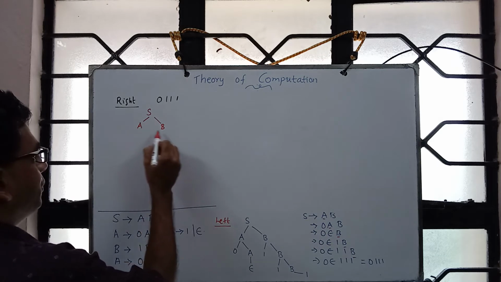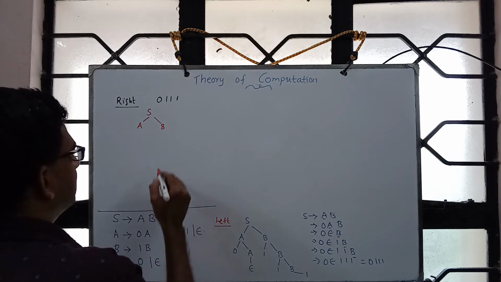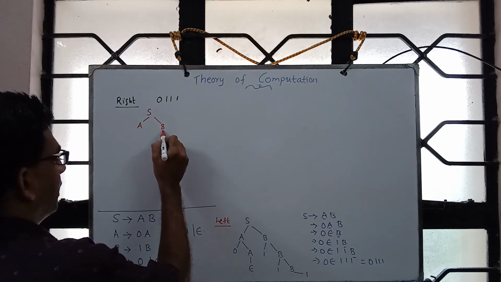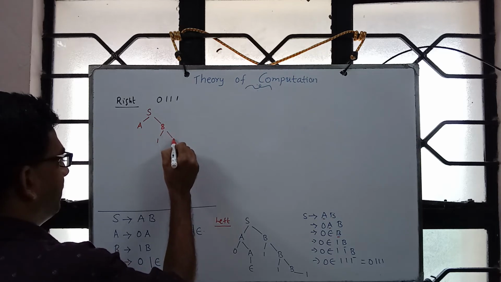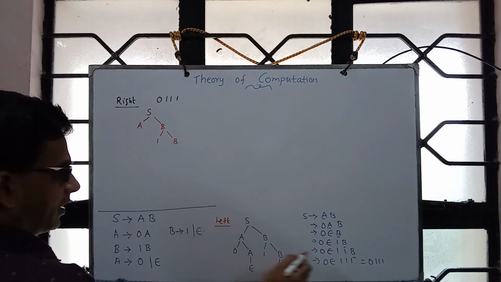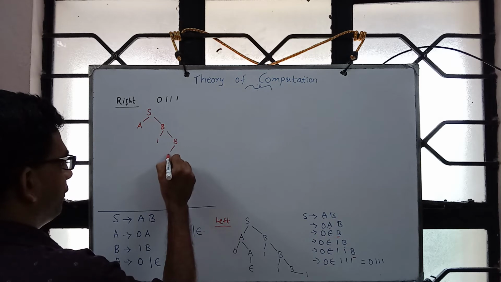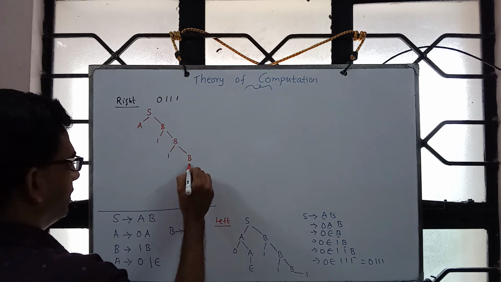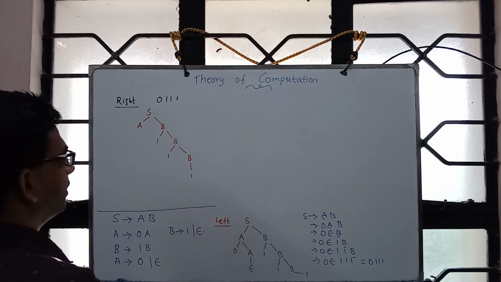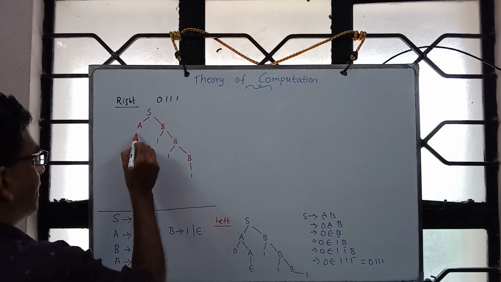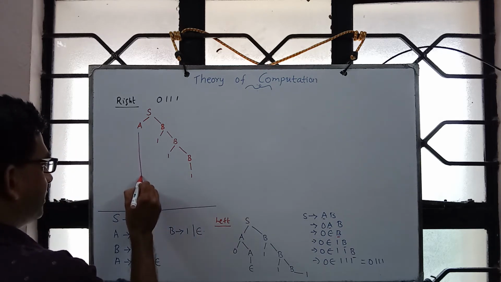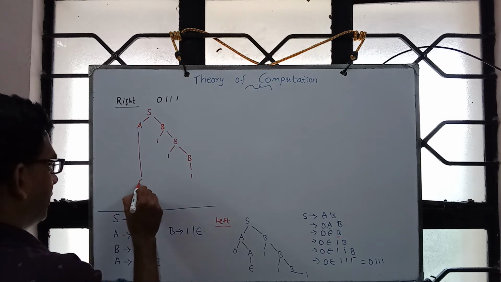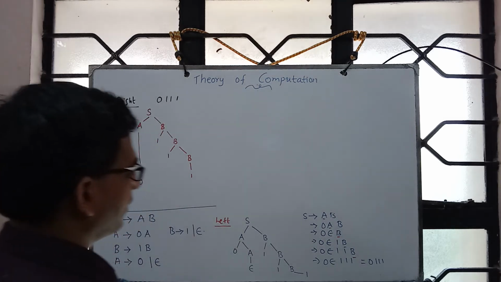Now between these two we should expand this, and I go for 1B, and then again I go for 1B, because the rightmost is this. Then it becomes this. After that we replace this with 0.